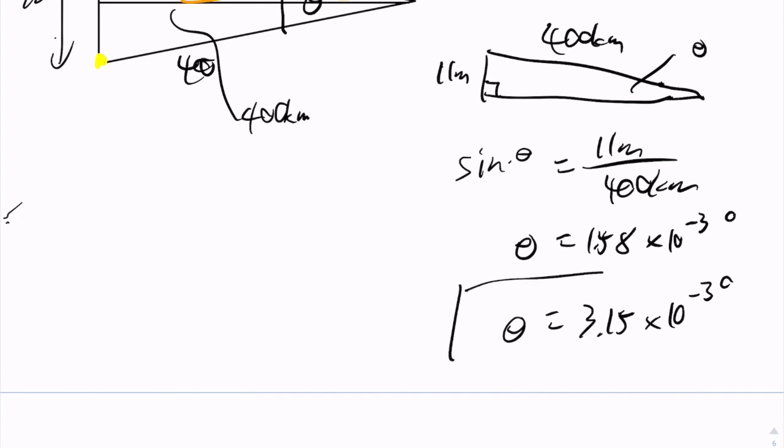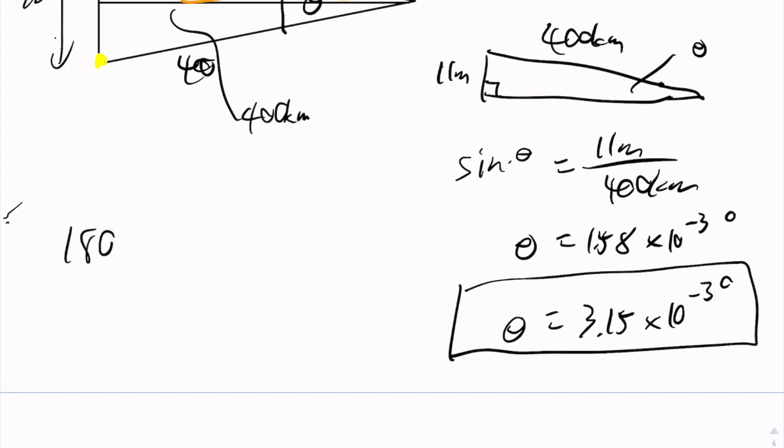And so we need to convert this into radians. We know 180 degrees is worth pi radians, so 3.14 radians.